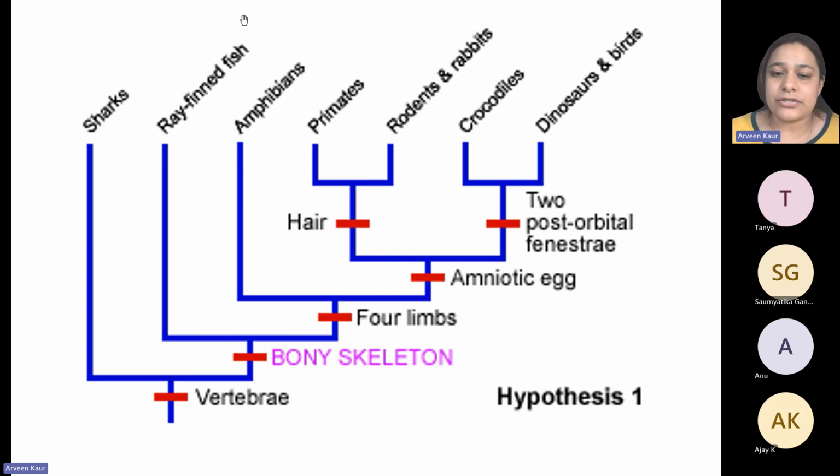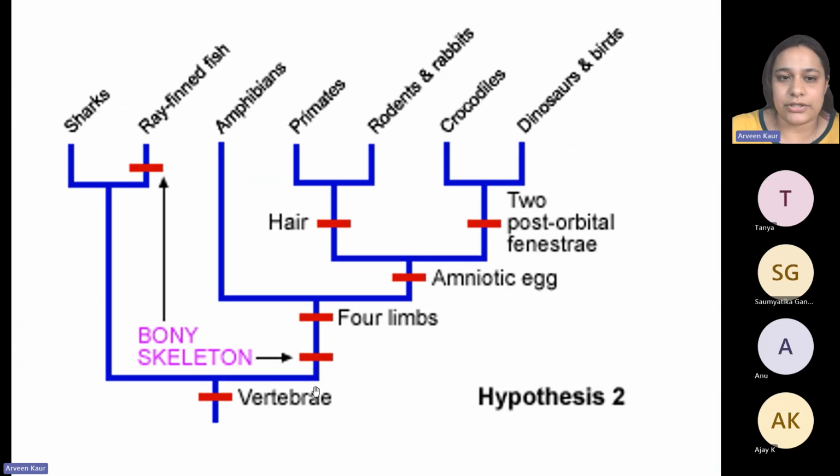Then again, they were divided based on whether their eggs were amniotic or covered in an amniotic sac or not, whether they had hair or not, whether they had two post-orbital fenestrae. These are unimportant for this discussion. So what they meant to say was that the first hypothesis says this is how the divergence happened.